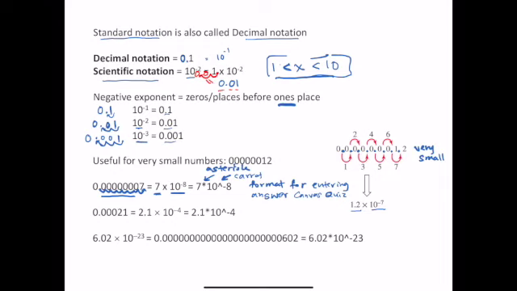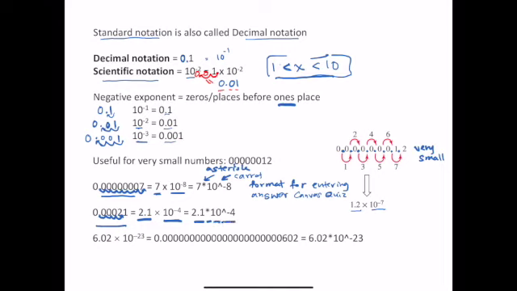So this is another example. This next one is 0.00021. So we want it to be a number more than 1, less than 10. So take the decimal and move it over 1, 2, 3, 4 until you have 2.1. Because the original number was a small number, it's a -4. So if you're entering this in Canvas, you use the asterisk, 2.1, asterisk, and then 10 caret -4.